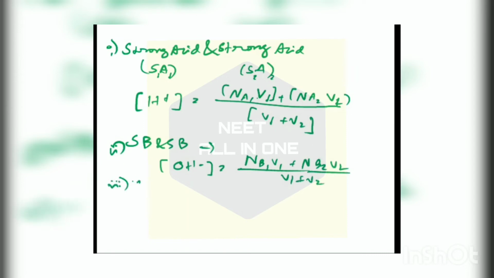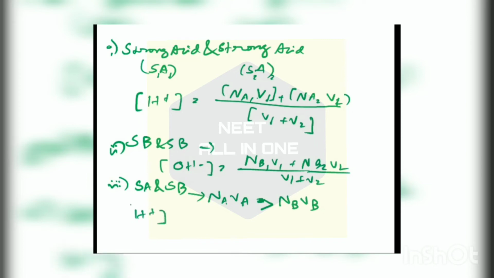But what happens if the third case comes, that is strong acid and strong base? For this case there can be two cases. That is, NaVa, the normality and volume product of the acid, comes more than NbVb, the base's normality and volume product.